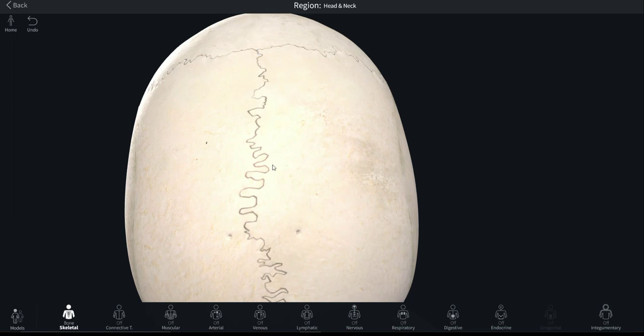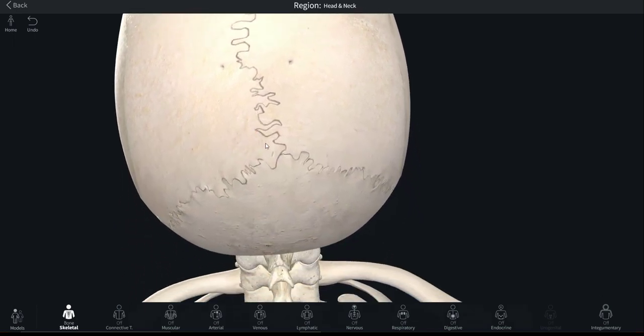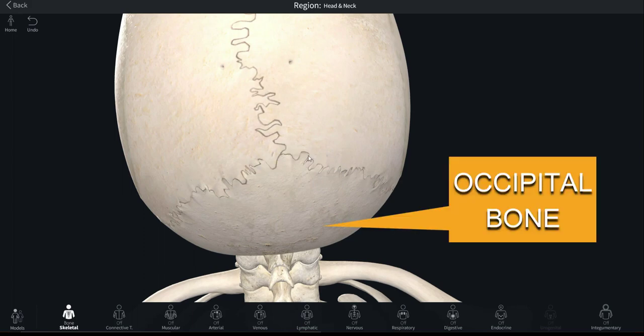Now let's move on to the posterior aspect. All right. See, the superior border here also forms a meeting point with the occipital bone. Yes.